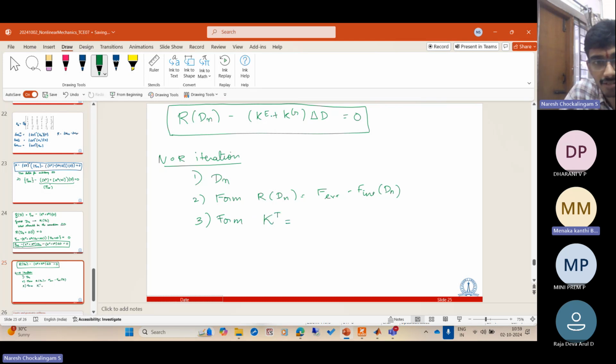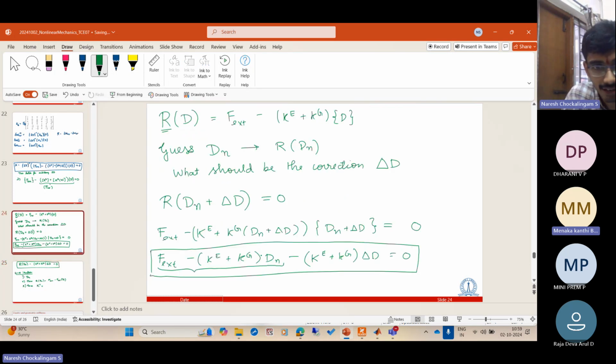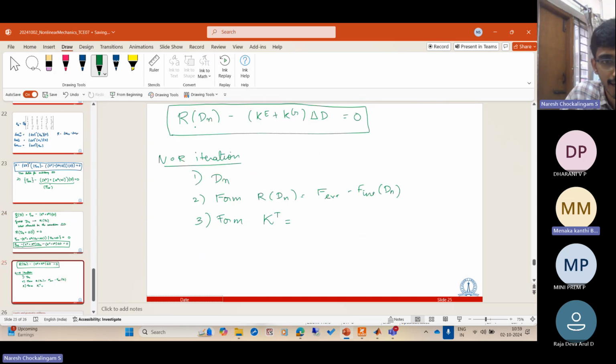This is called the tangent stiffness matrix because it relates increments in d to increments in the internal force. If you increase d by some delta d, this is the change in the internal force. So this relates incremental changes in the displacement to the incremental changes in force.